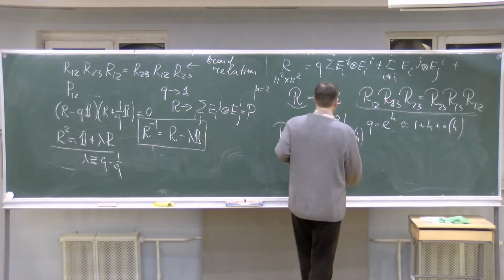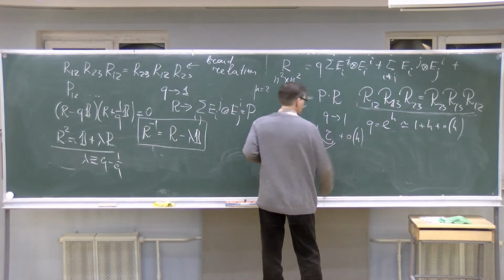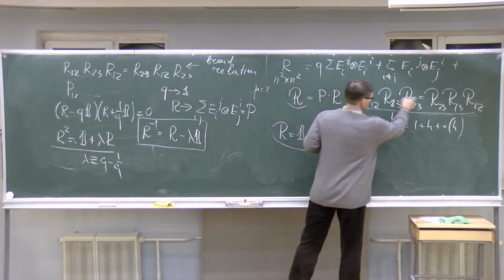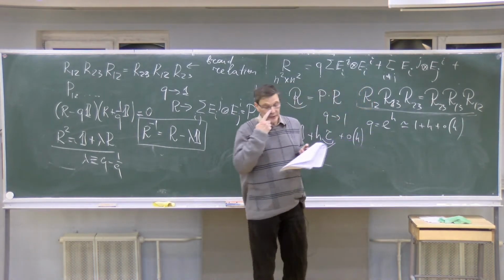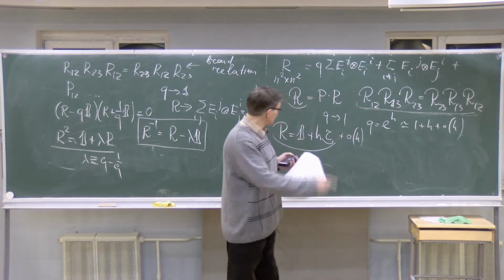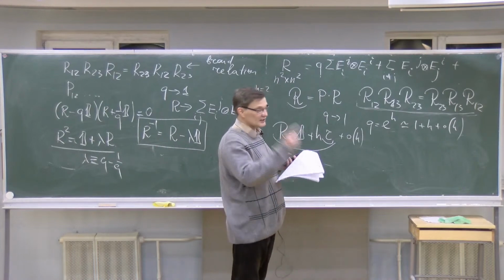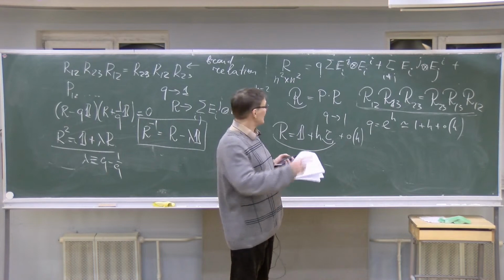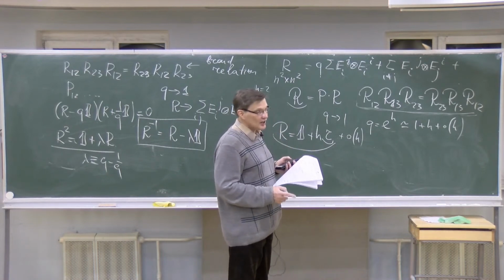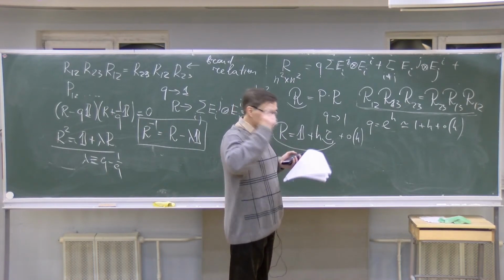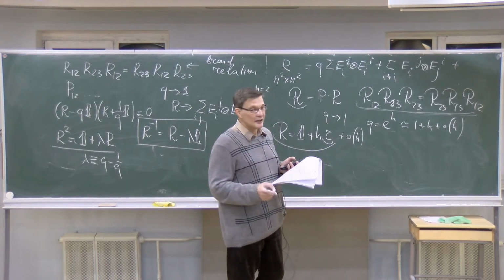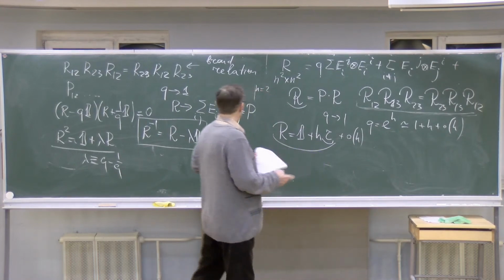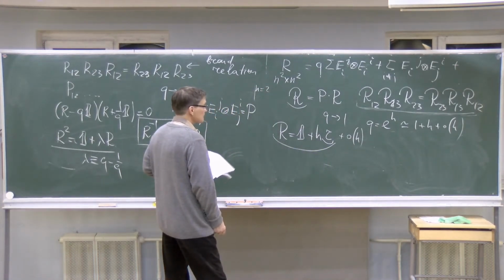If I put here such an expansion into this cubic relation, then at zero order in h and in linear order in h, I have an identity, and in the second order of h, I get precisely the classical Yang-Baxter relation on the matrix R.